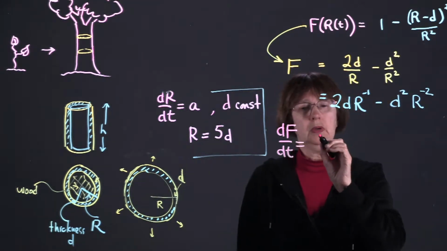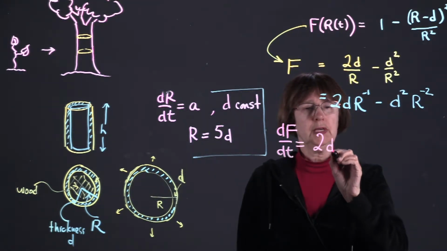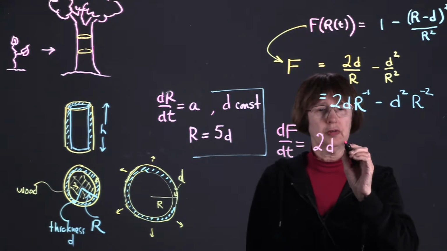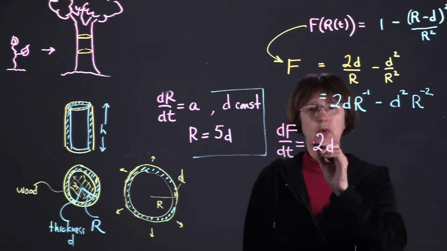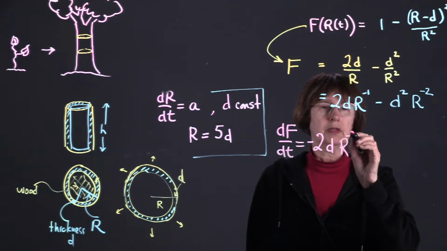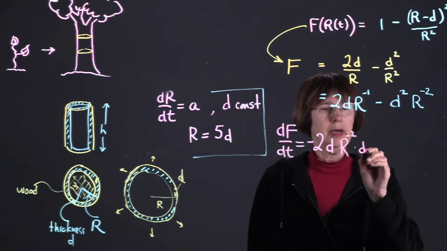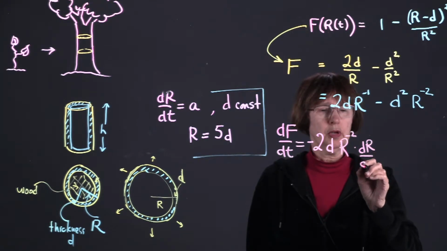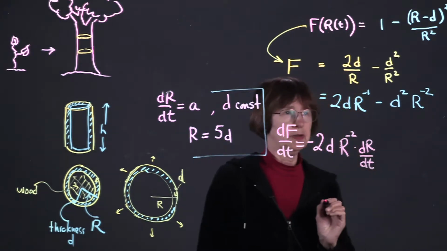And so what we obtain is 2d. Here's a power function. We're going to have a minus 1 come out, and we'll be left with R to the minus 2 multiplied by dR/dt, according to the chain rule, since R depends on time.